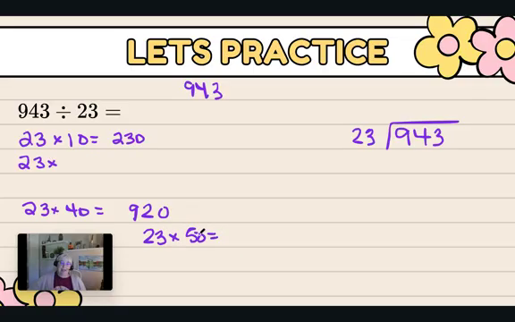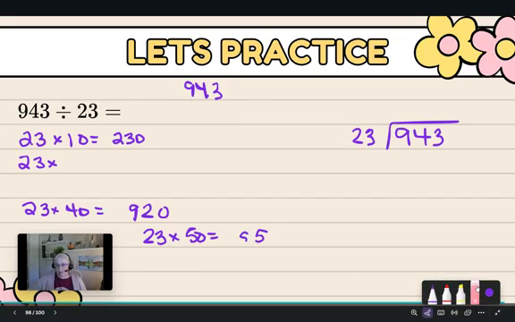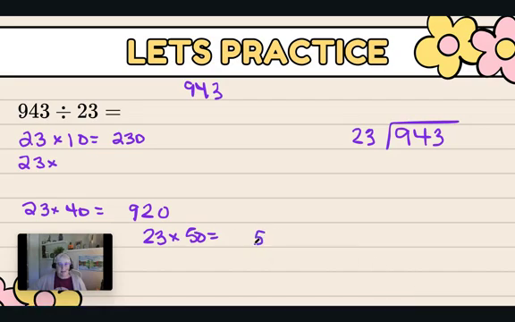Okay, 23 times 50. Well, 23 times 5 is 85. That can't be right. No. Let's try that again. 23 times 5 is 115. And add the 0 at the end. So that is over, 1,150.